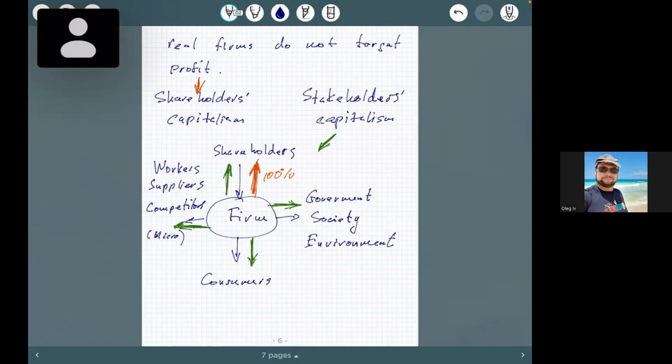You also have to be careful without regulations, because that's the Wild West and could be too bad as well. So that's the challenge for economics and economic policies in the real world.